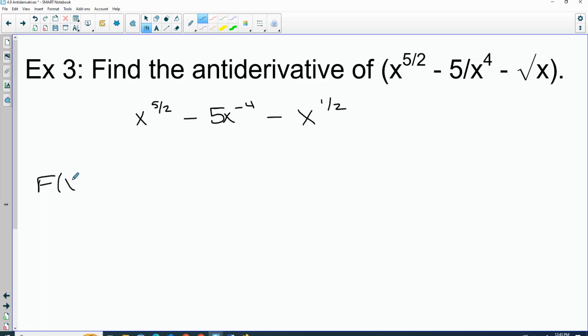We do our antiderivative. So you add 1 to the power, so 7 halves. So you have to put the reciprocal in front, 2 sevenths. Alright, this 5 is just going to stay. Add 1 to the power, so negative 3. Reciprocal in front.